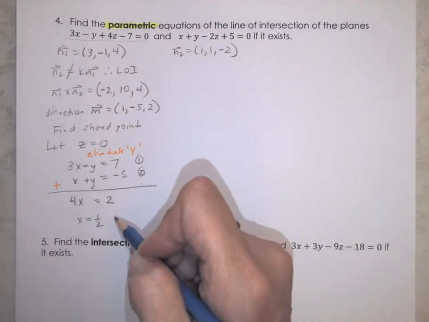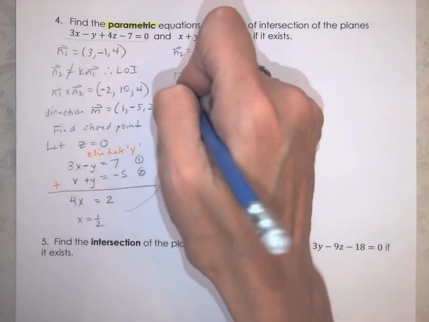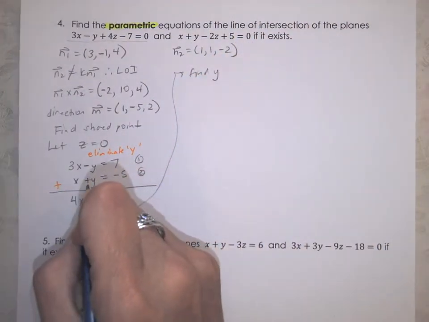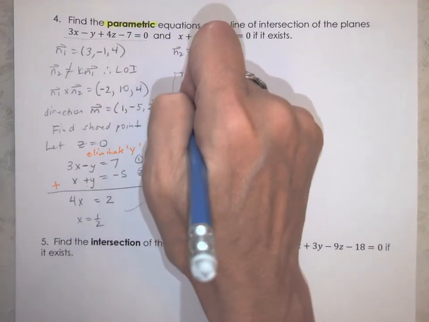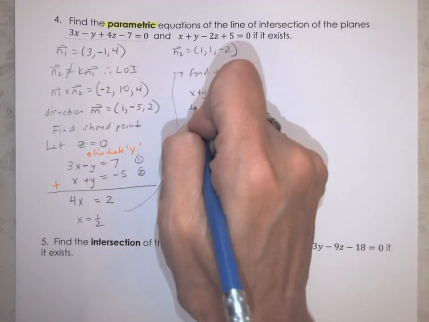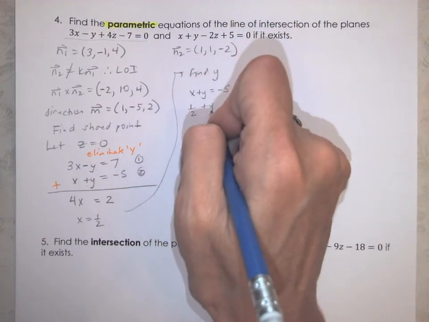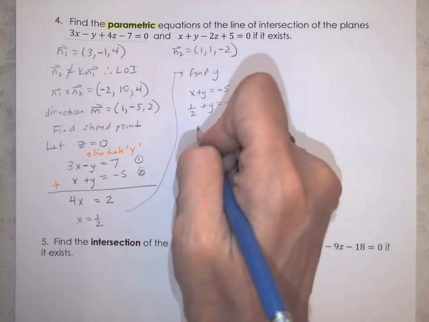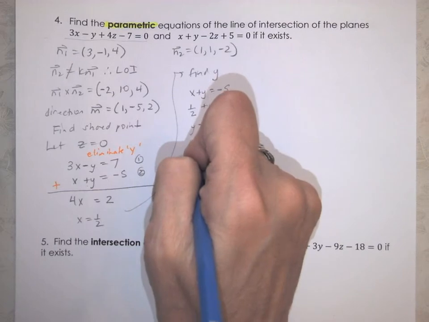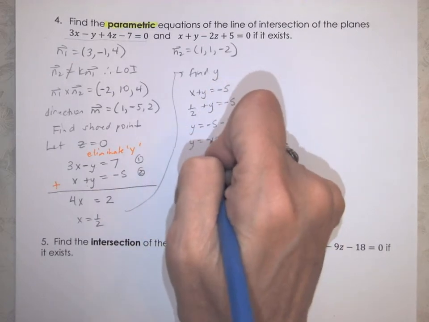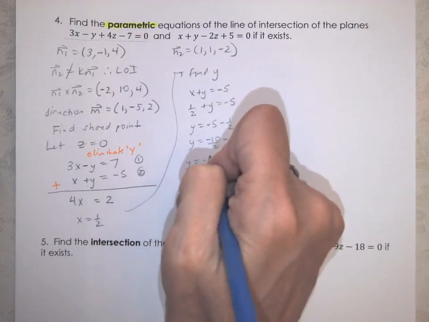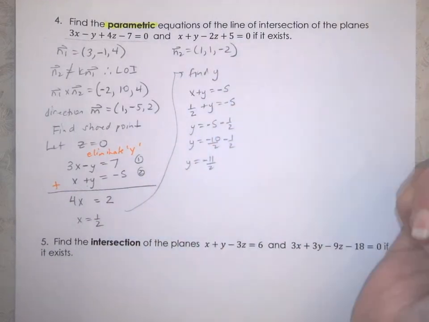So now we have to find y. So I'm going to use the second equation. So x plus y equals negative 5. X is a half. So I'm going to subtract a half. And y is going to end up being negative 11 over 2.